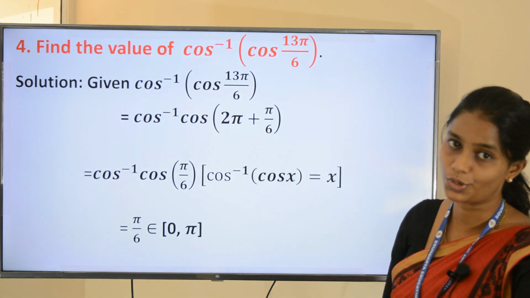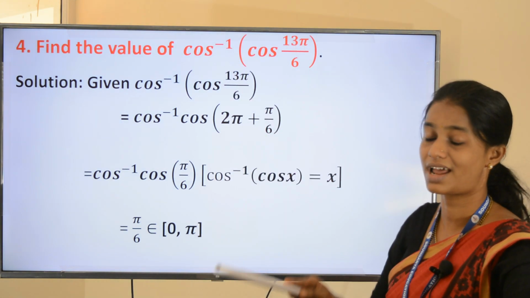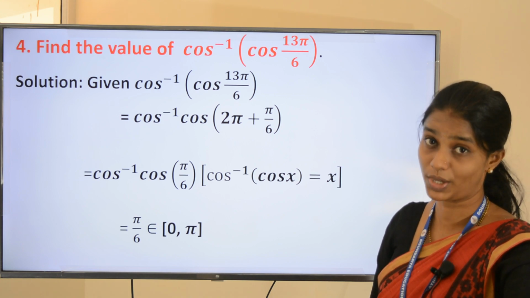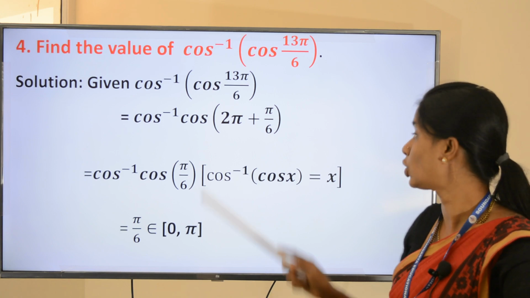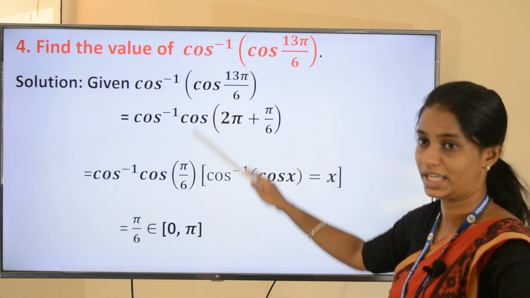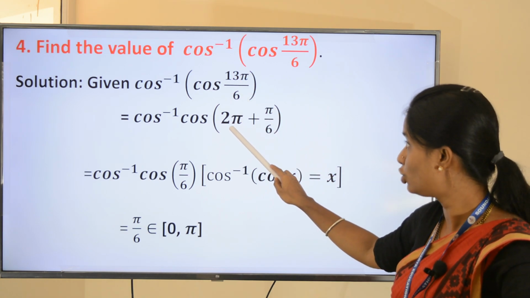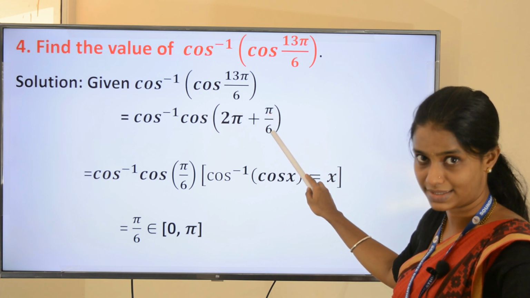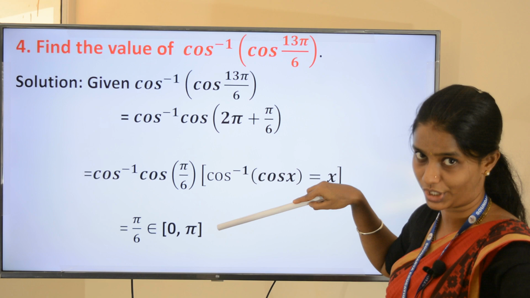Please observe in this problem, students, I cannot directly write the answer as 13 pi by 6 because 13 pi by 6 does not belong to the closed interval 0 comma pi. So we have simplified it in this method. 13 pi by 6 can be written as 2 pi plus pi by 6. This lies in the first quadrant after one complete rotation, isn't it?